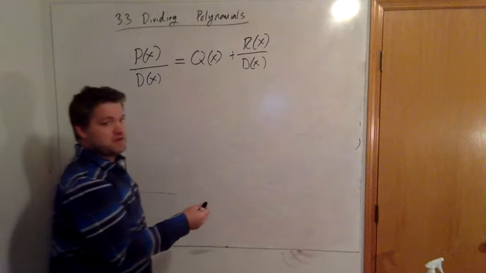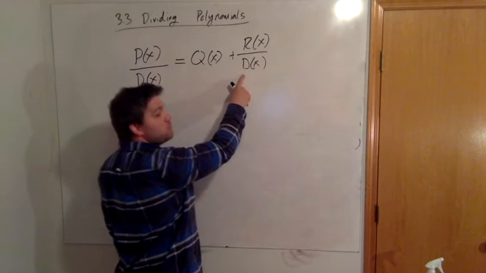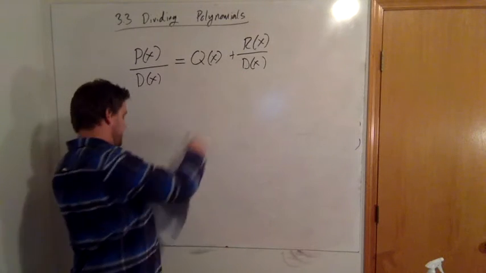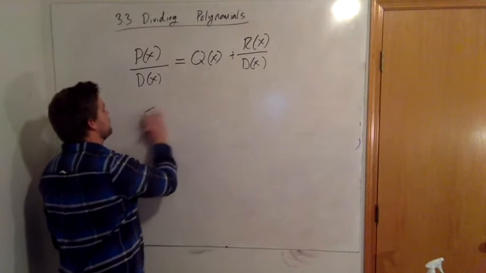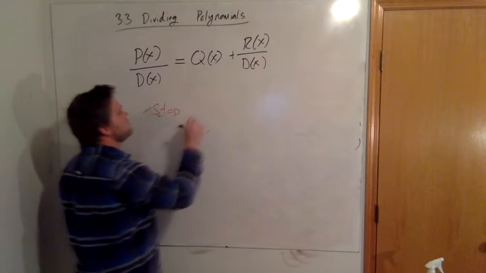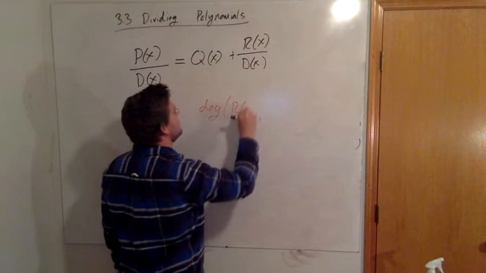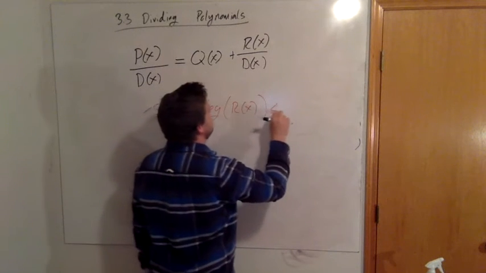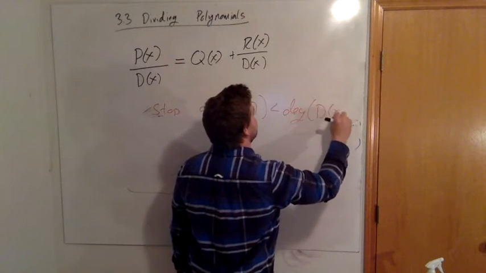We're going to be finished if the degree of the remainder is smaller than the degree of the divisor. So we stop, maybe in red, we're going to stop the algorithm when the degree of the remainder is less than the degree of the divisor. That's when we'll stop.